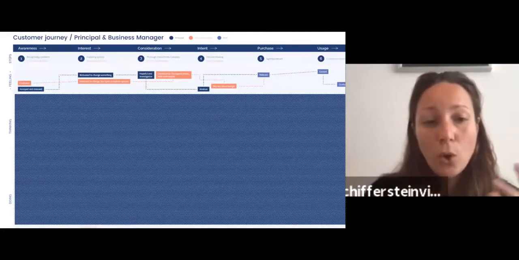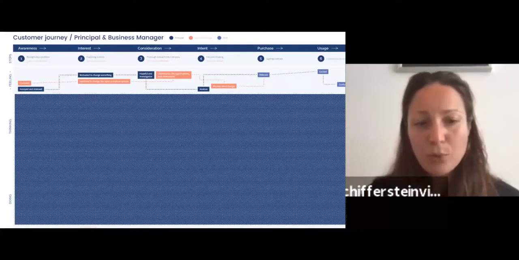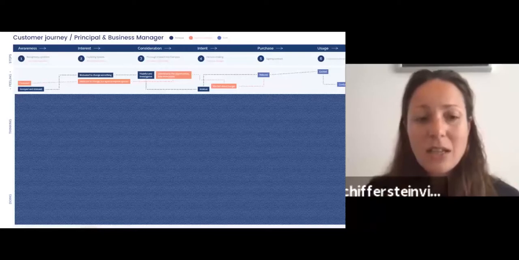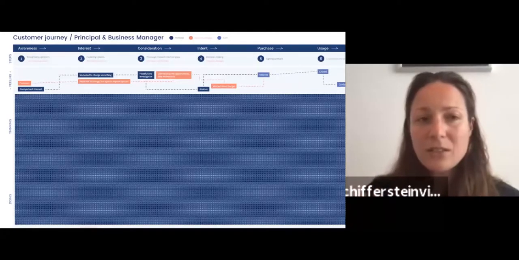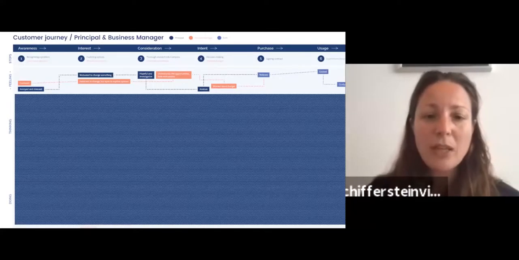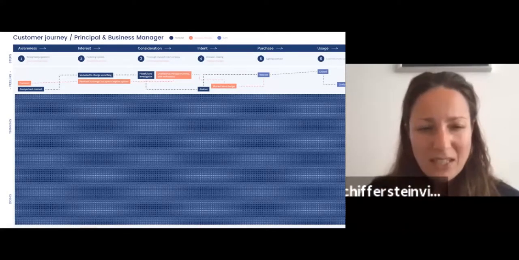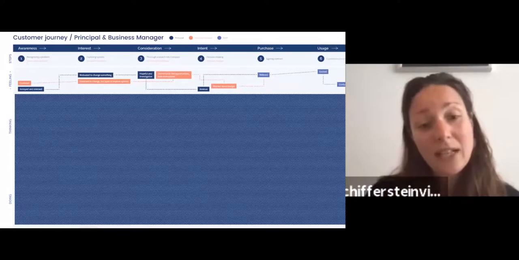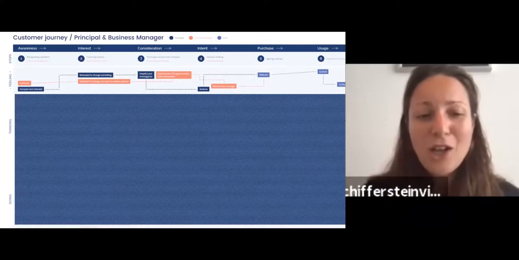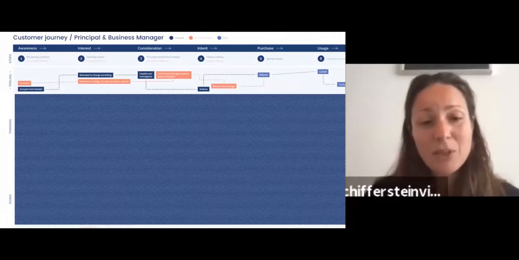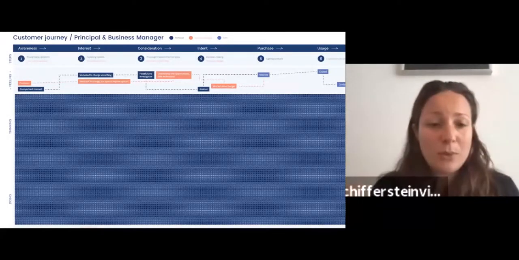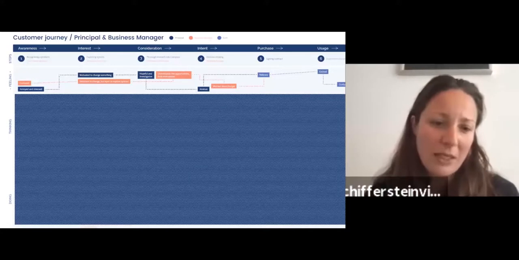And in your whole messaging and the way you approach those different personas, you need to think about that. In this particular example, you can be quite explicit about your solution quite quickly with a principal, whereas with a business manager, you really can't yet, because someone just told them there's a problem, but they don't feel they have a problem yet.